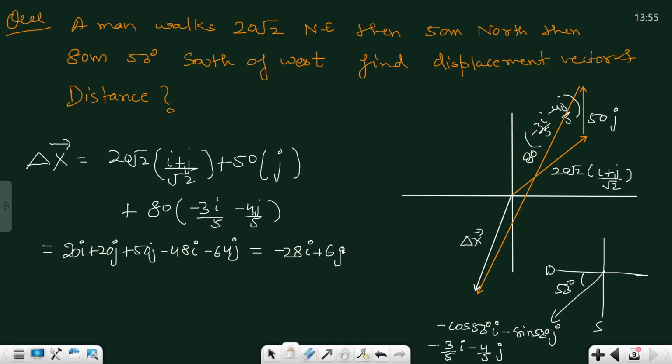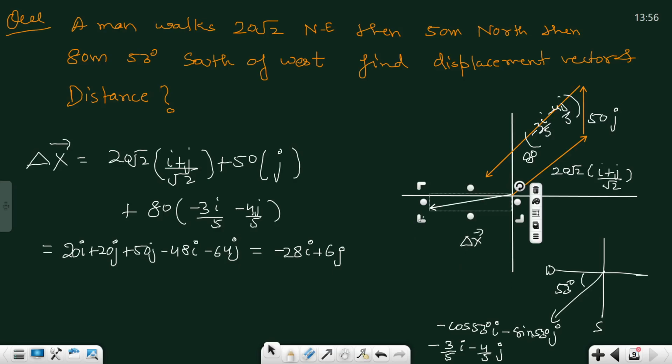Yes, sir. If it is positive, that means we have drawn the incorrect vector. So this vector will be in this direction, and the final vector will be like this. If it has a plus j component, that means the displacement in north direction is positive, so we have to redraw this vector.